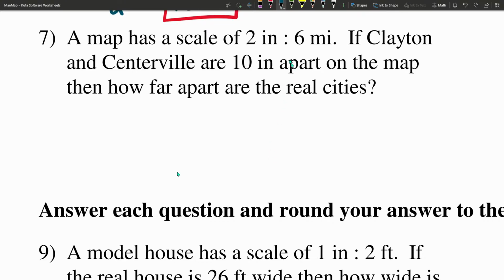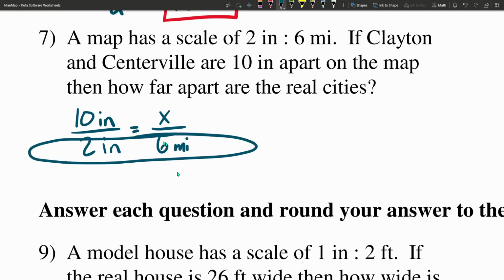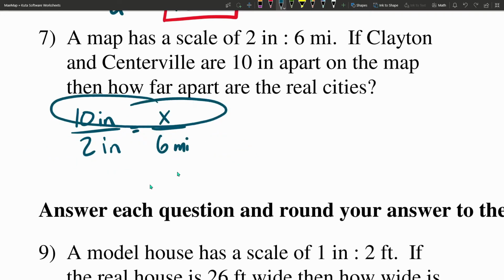So this time, just to mix up the ratios a bit, as opposed to keeping my scale within my same fraction, I'm going to keep my inches within my same fraction. So I'm going to say 10 inches over 2 inches is going to be equivalent to how far apart those cities are, x over 6 miles. Now note, here is my scale down here, and here is what represents those cities. So my denominator is now my scale, and my numerators are how far apart my cities are.